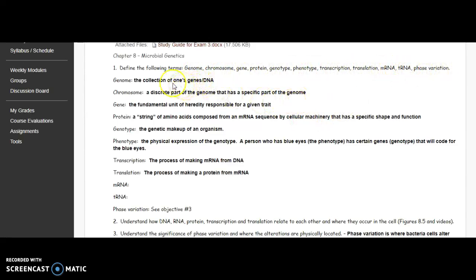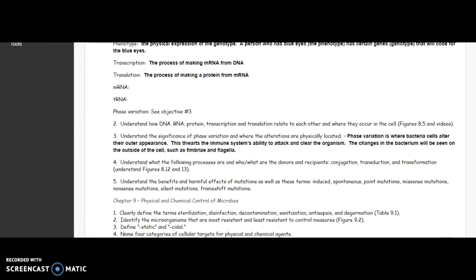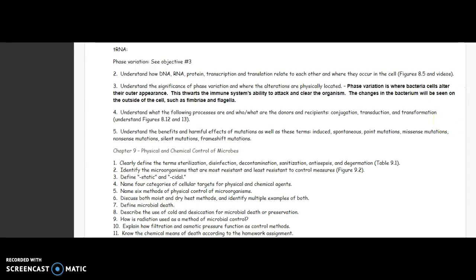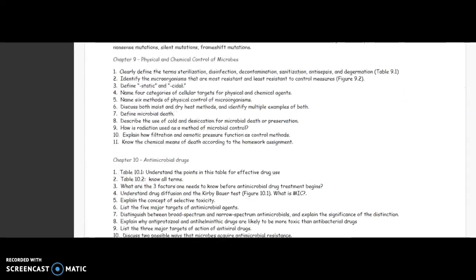What I've done is given you an example of how to utilize the study guide to the best of your ability. Here I have simply started to define the terms that you need to know. For chapter 9, I don't think I did anything, and I haven't done anything with chapter 10 yet.